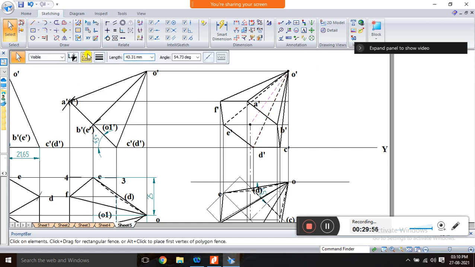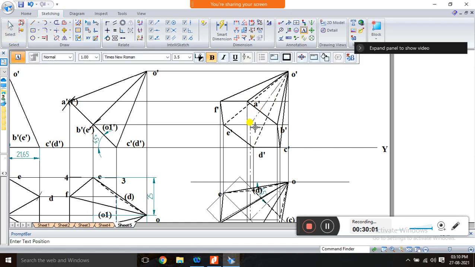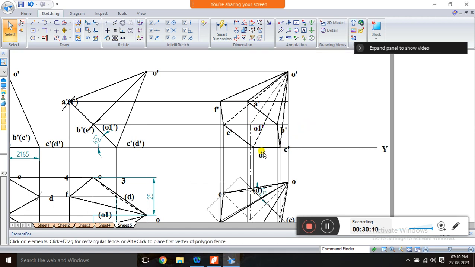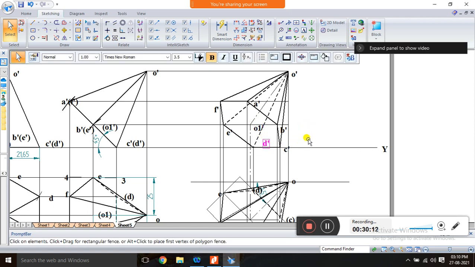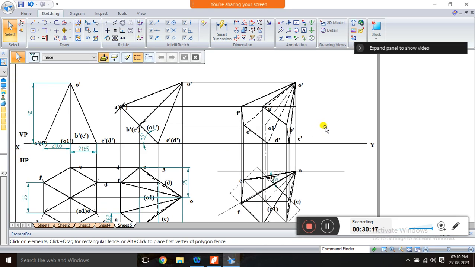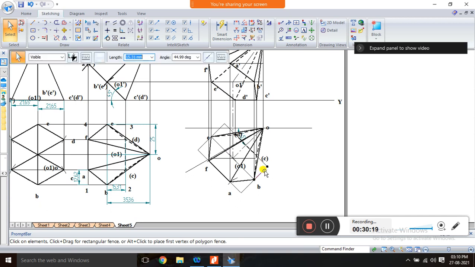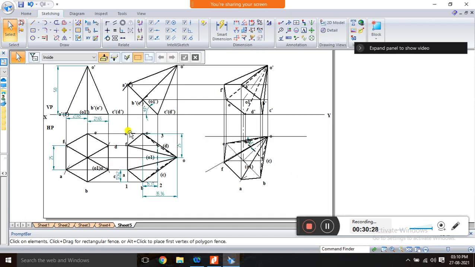So this is the axis, okay, and write this as O1 dash, visible. See, these are the visible edges. And after constructing, if you want, you can delete this box, no problem. So this is the reconstruction.